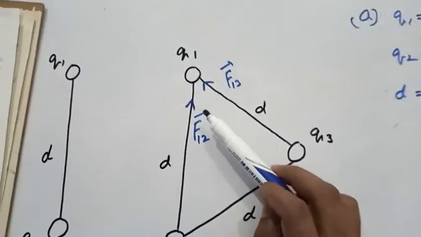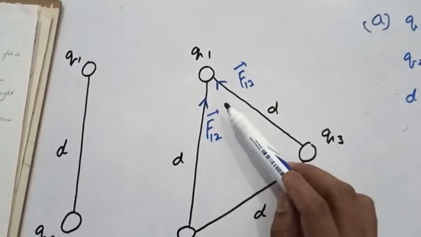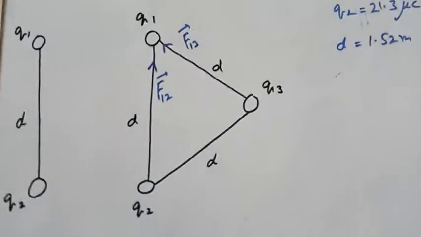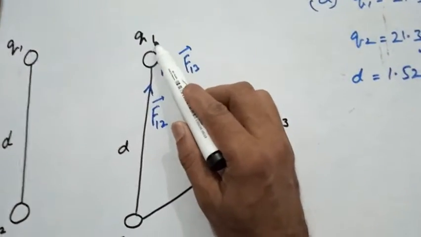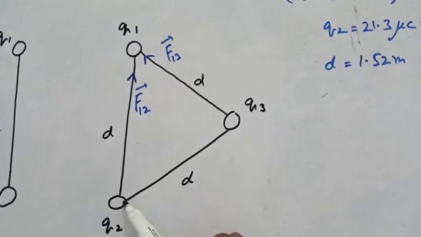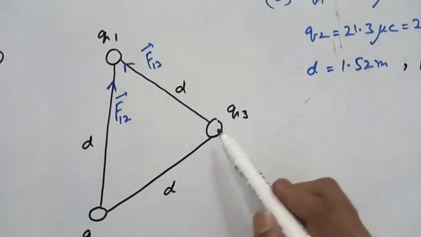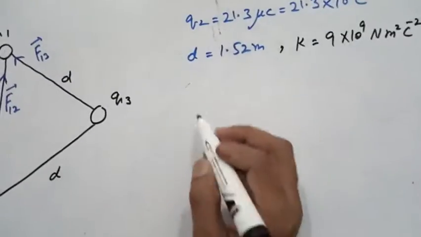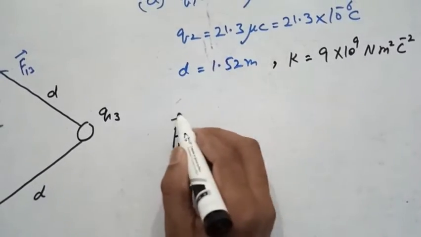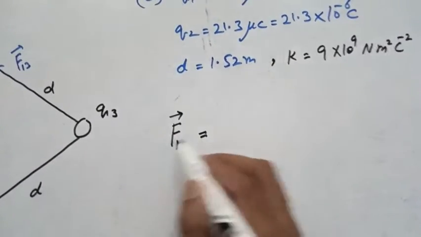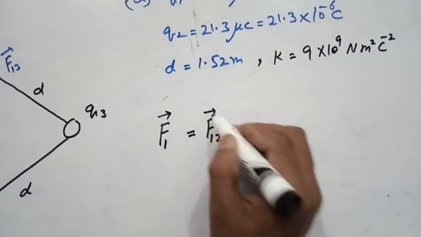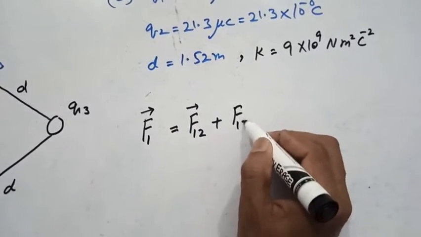As we know that force is a vector quantity, the net force acting on charge q1 is the vector sum of the forces exerted by charge q2 and q3. In vector form, I can write it as the force exerted on charge 1, F1, is equal to F12 plus F13.